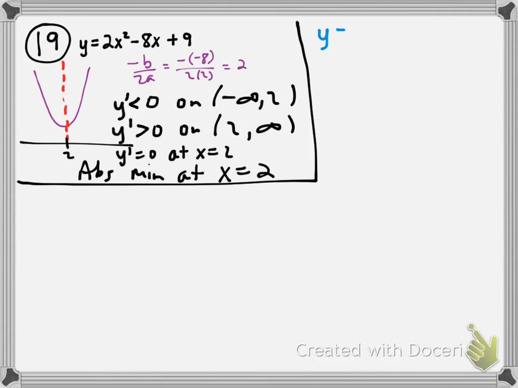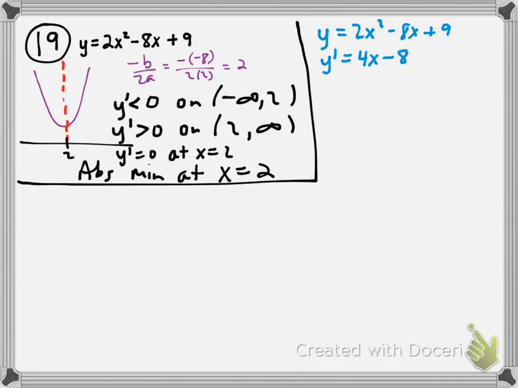I'm going to write down right here y equals 2x squared minus 8x plus 9, and then from y we're going to figure out what y prime is. So we're going to take the derivative of this function, and the derivative of the first term is 4x, the derivative of the second term is negative 8, and the derivative of the third term is 0.